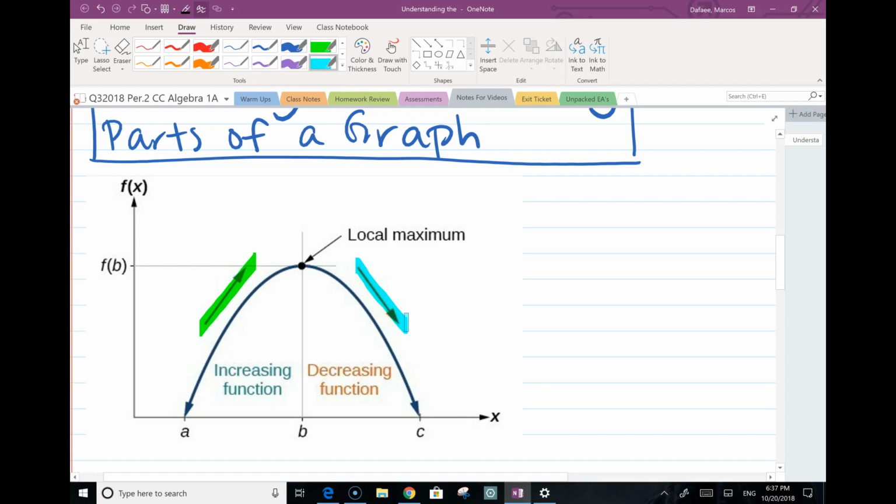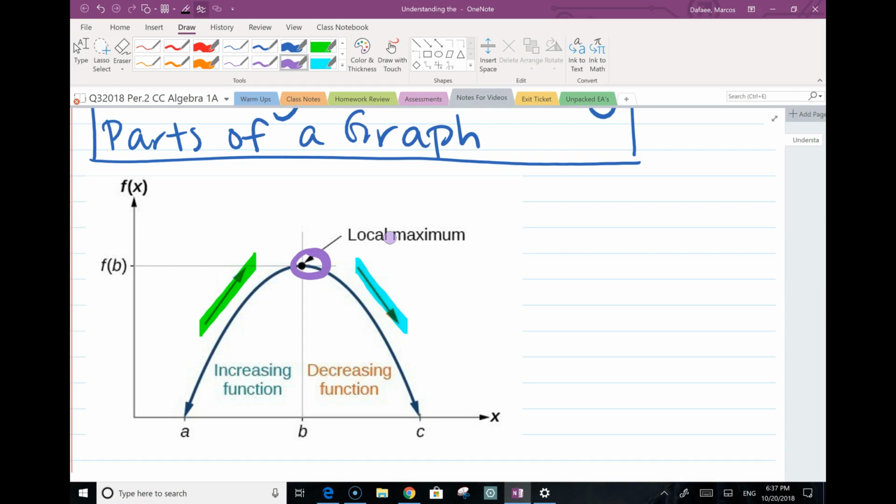And so the point at which this switch in direction of the graph happens, this right here, is called the local maximum. Now, there's another way of saying local maximum, and it's sometimes known as your relative maximum.